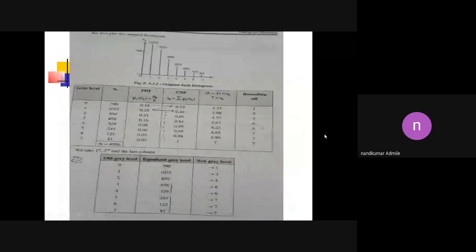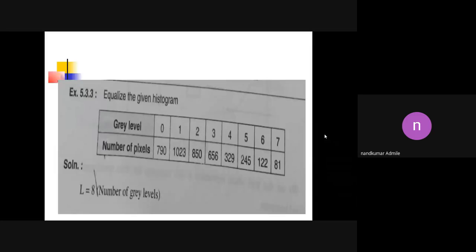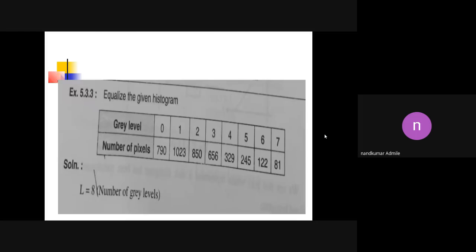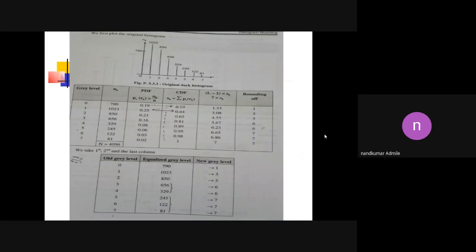The given example consists of gray levels from 0 to 7 and the number of pixels. We locate the gray levels on the x-axis and the number of pixels on the y-axis. Here we can draw the original histogram.